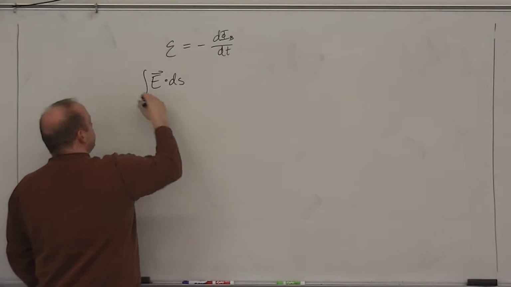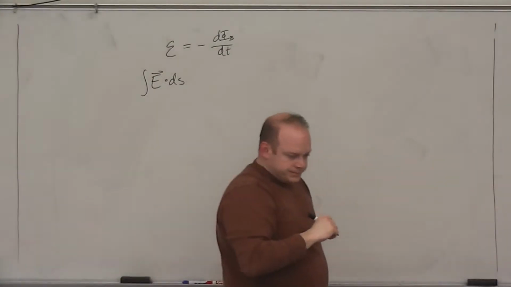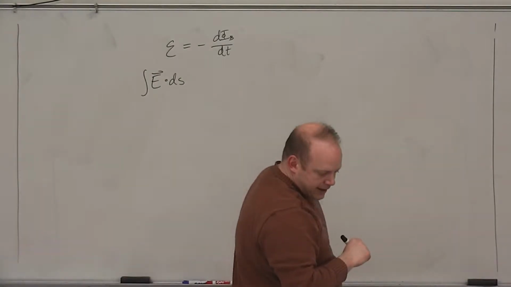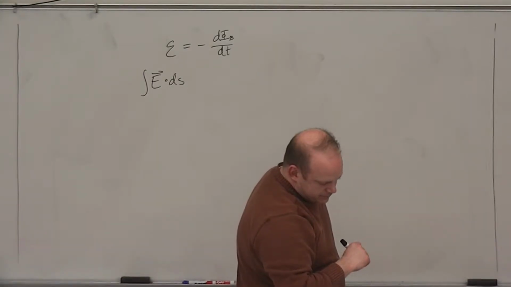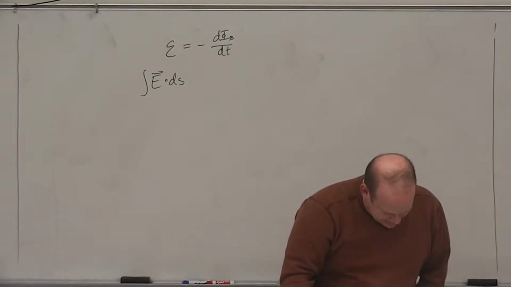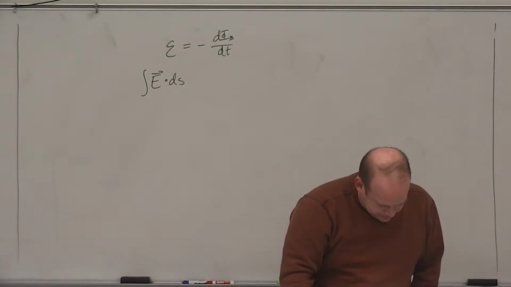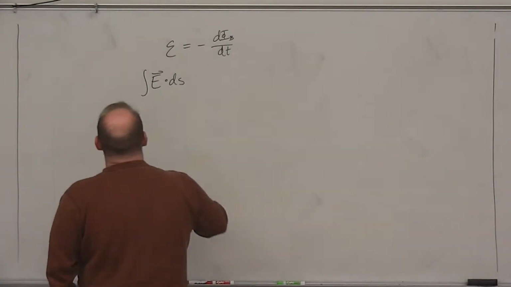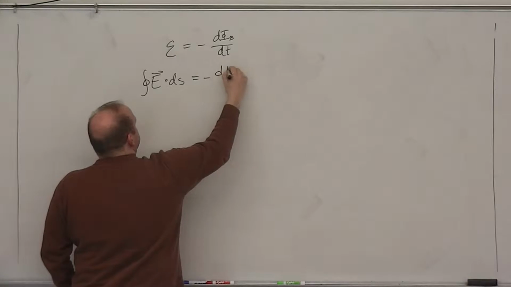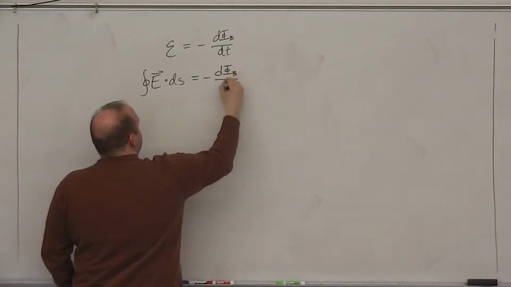This is your voltage. I think it's negative, and we have the negative up front there, so they cancel out. So E dot ds, and this is for a closed loop, will equal negative dΦB/dt.